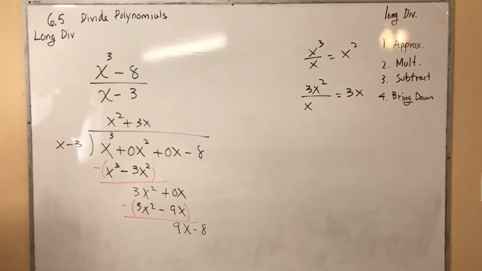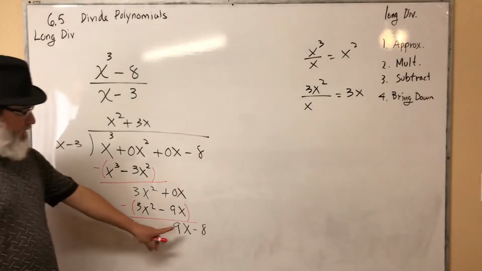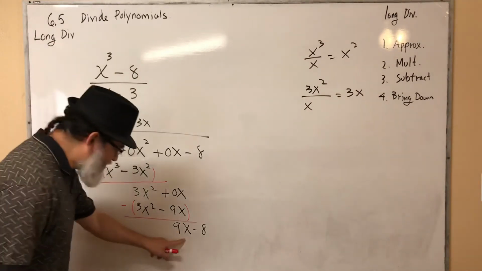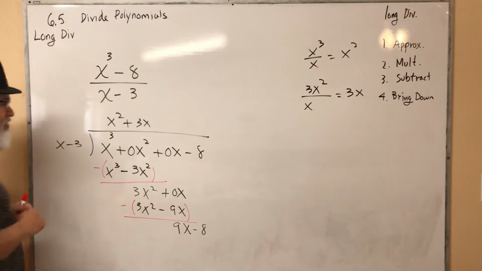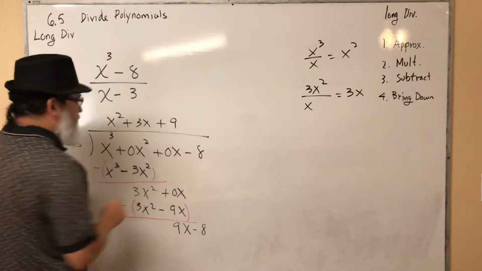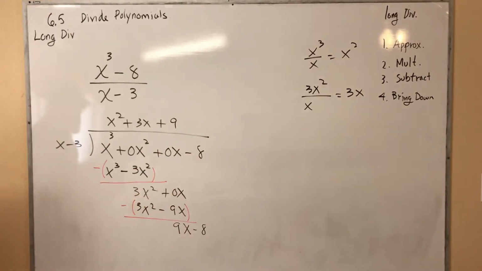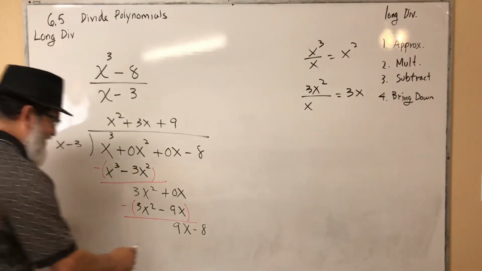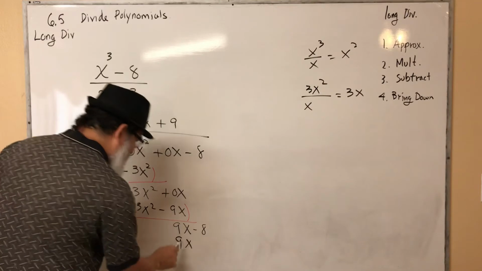And then take 9x divided by x, drop the minus 3. What's 9x divided by x? Plus 9. And what's 9 times x? 9x. That's supposed to happen. You better get that.